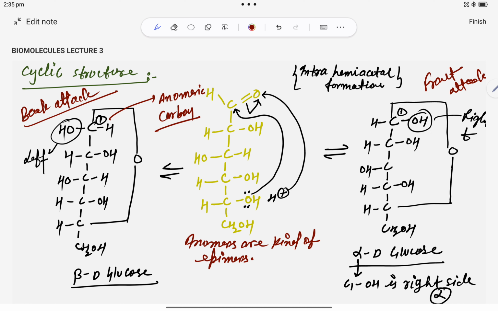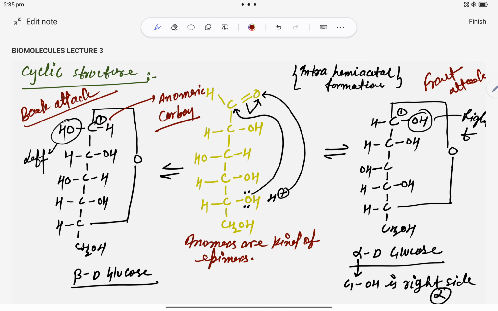These alpha D glucose and beta D glucose are the anomers of each other.